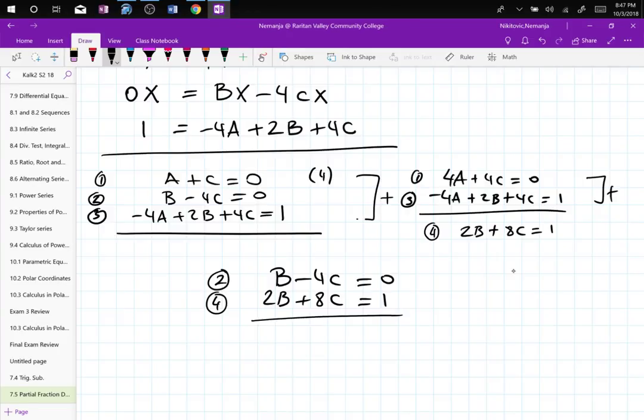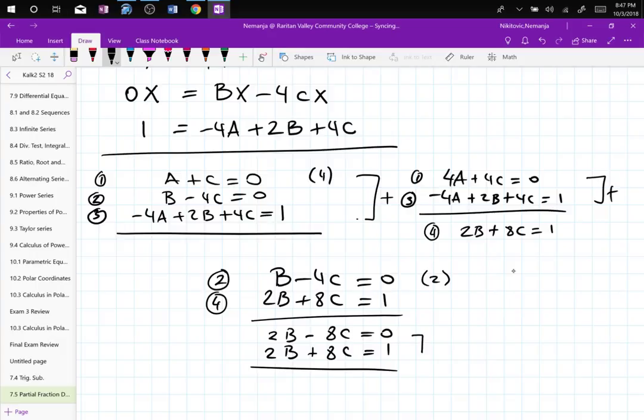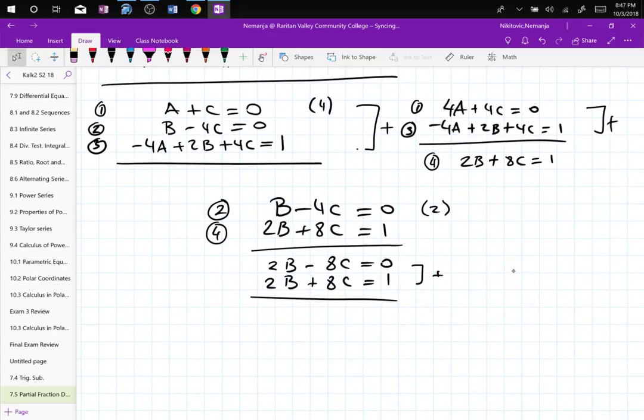And now you reduce the 3 by 3 into 2 by 2. Times 2 on the top, we have 2b minus 8c equals 0, and 2b plus 8c equals 1. When you add these, c's die, and you have 4b equals 1, b equals 1 over 4, and immediately you can go back, find c, go back, find a.